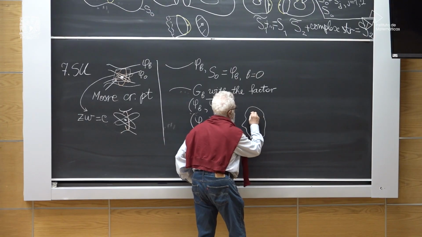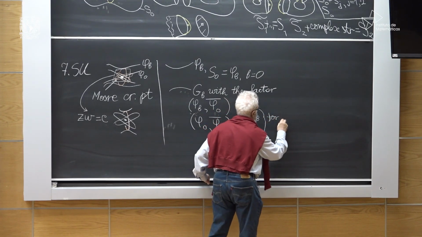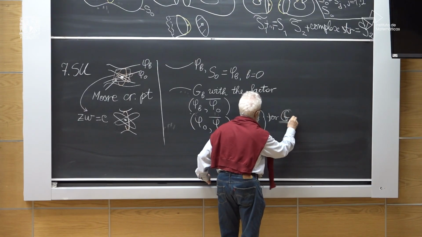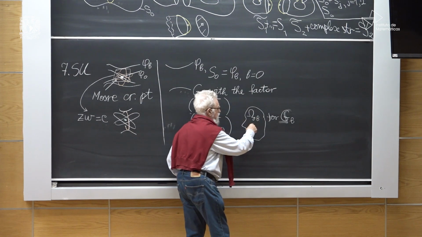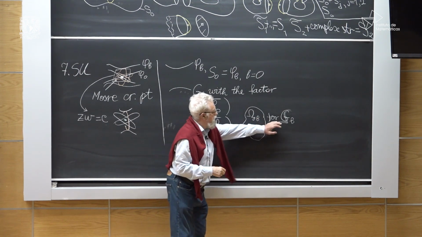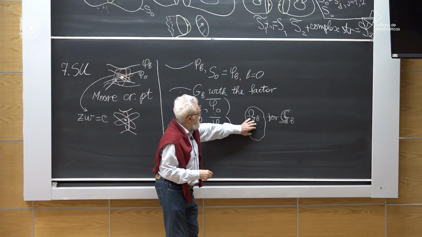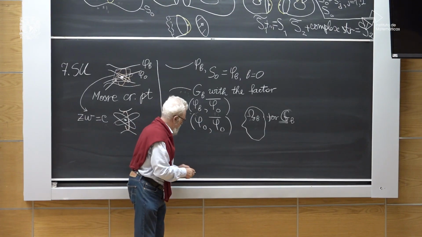And the domains omega b for GB, omega 0 b, this simply connected domain invariant for the group GB, is just conformally equivalent to the universal cover over phi b.